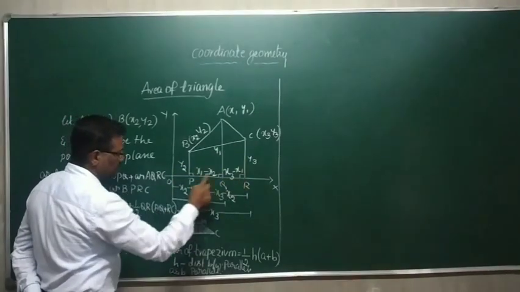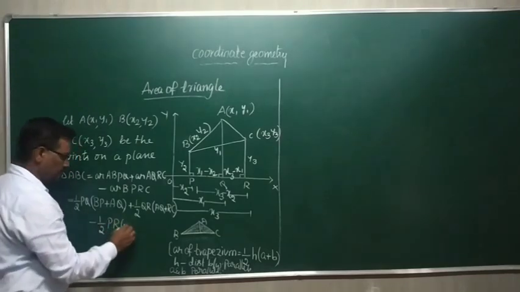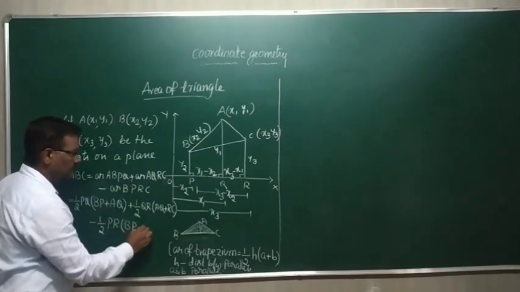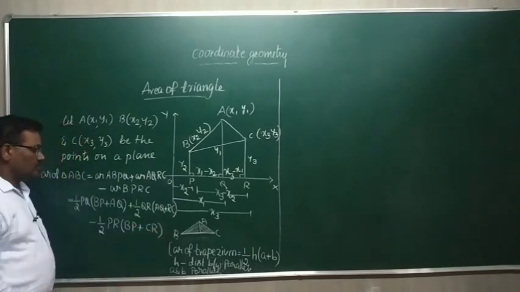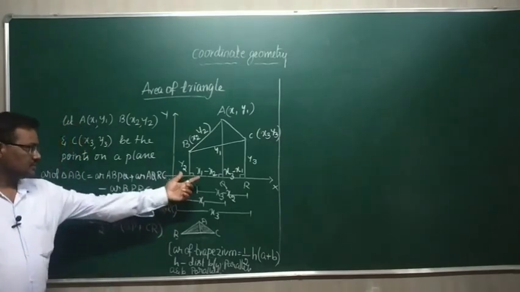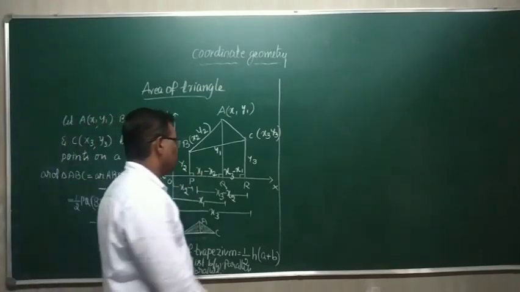Distance between them, that is PR, and the parallel lengths BP plus CR. Now we can apply the values of those lengths here.